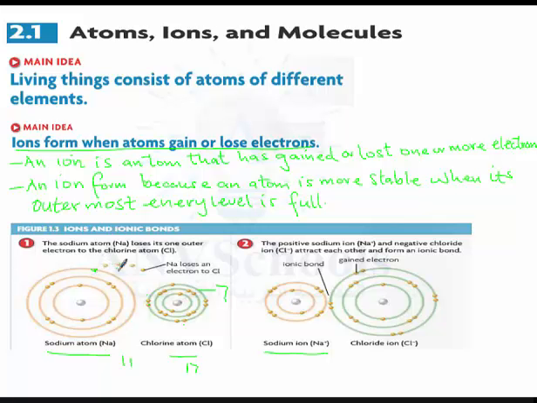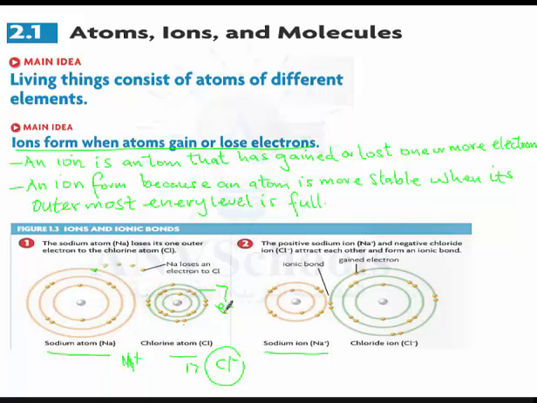So this one here will lose this 1 electron, and because it loses that 1 electron, it will become positively charged. And this one, because it gains 1 electron, will become negatively charged, because we know electrons have a negative charge.